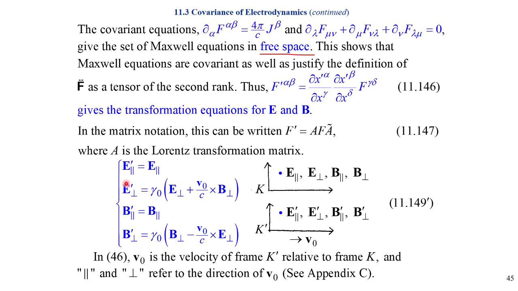Perpendicular is the component perpendicular to this one. In 46, V0 is the velocity of frame K prime relative to frame K, and parallel and perpendicular refer to the direction of V0.